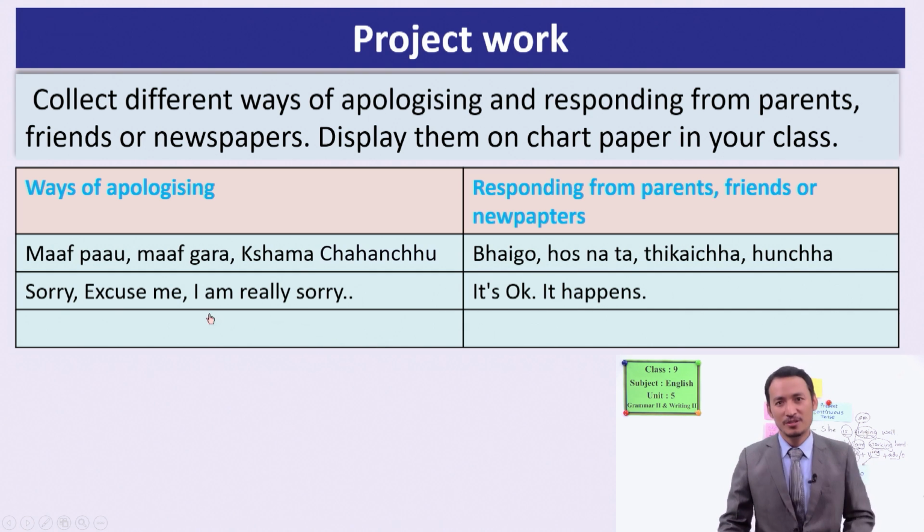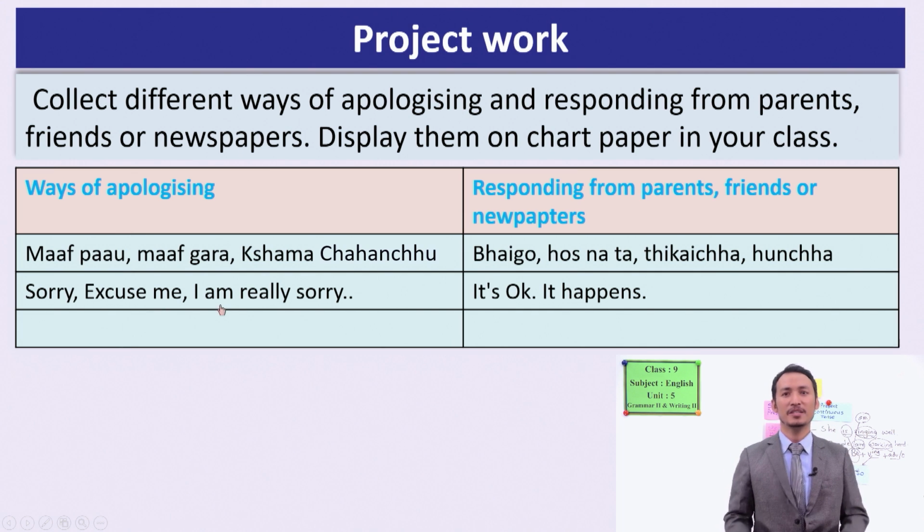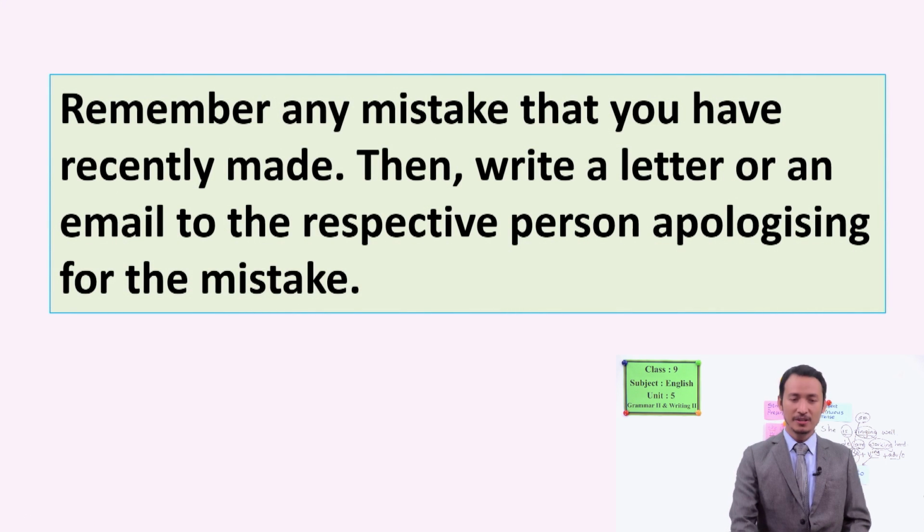So your job now is to collect the different ways of apologizing and responding from parents, friends, and newspaper. You can make a similar chart and present it on the wall of your classroom. Okay, students, so we have the task for you.